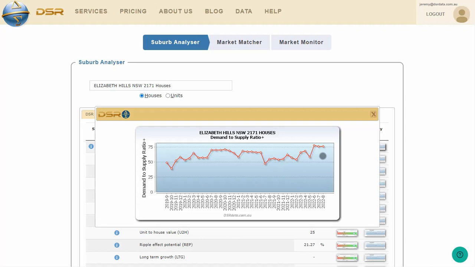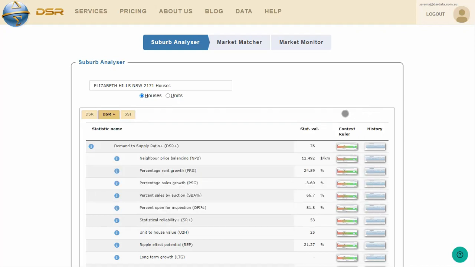And this brings me to the other reason I check an historical chart: trends. Looking at the last year of DSR Plus figures, it looks like demand has been haphazardly rising relative to supply. This gives me more confidence in this market. Let me go back to Parramatta units for another good example of a trend.